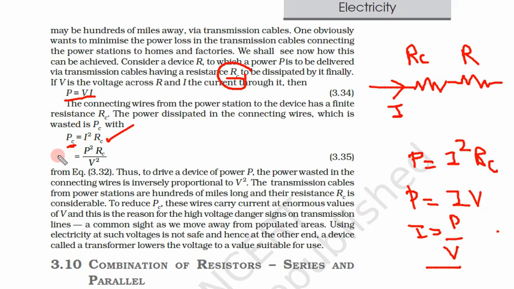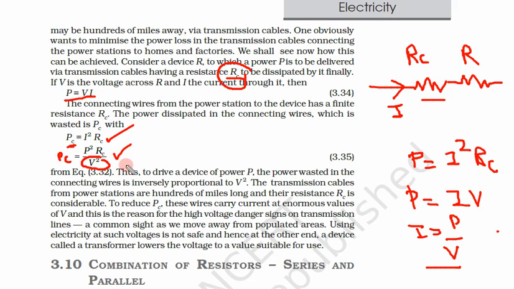Putting this value, PC is equal to P square upon V square times RC. That means the power consumed in your circuit, squared, into the resistance of this wire and divided by the potential squared. So here you see a term in the denominator, V square.